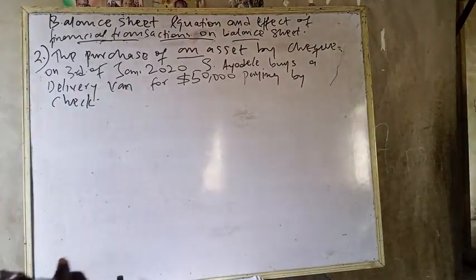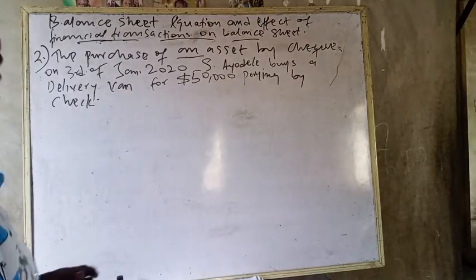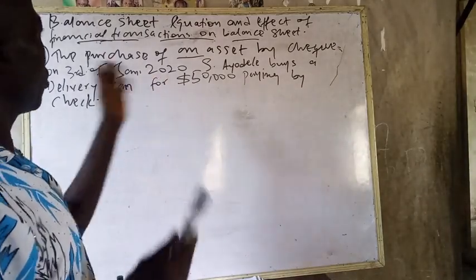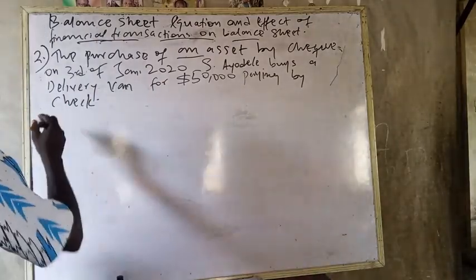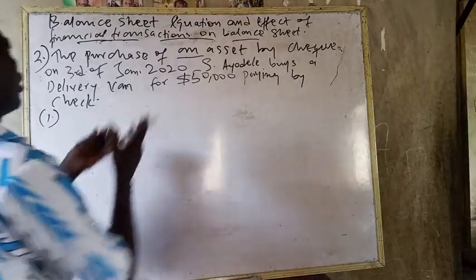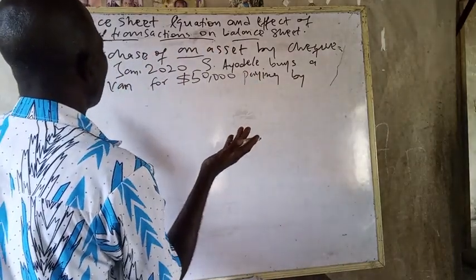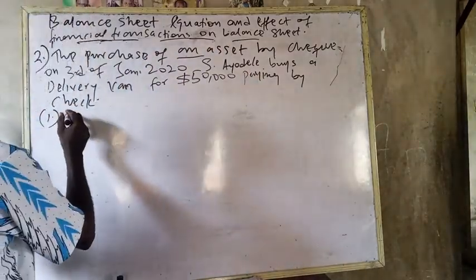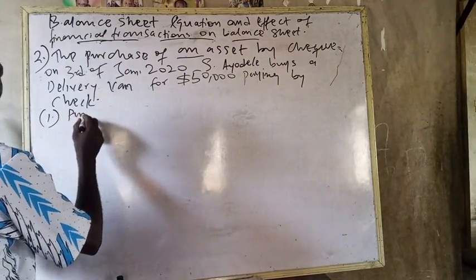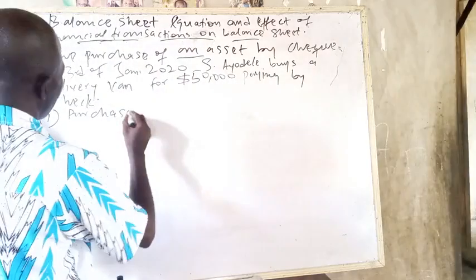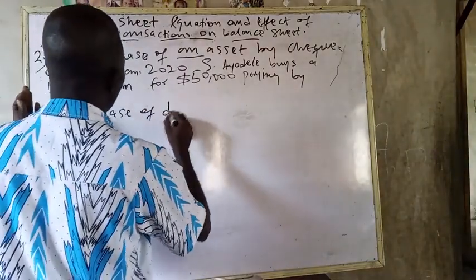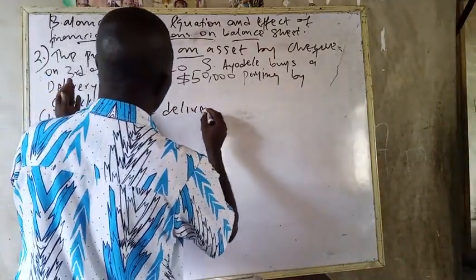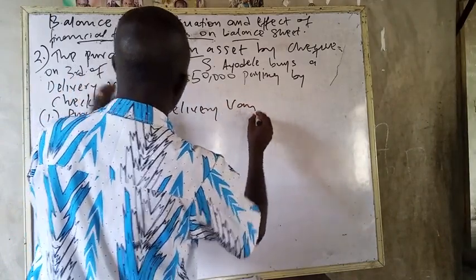What is the effect of this? What is the transaction effect here? Two things happen. What is number one? Like in the other one, purchase of the delivery van.